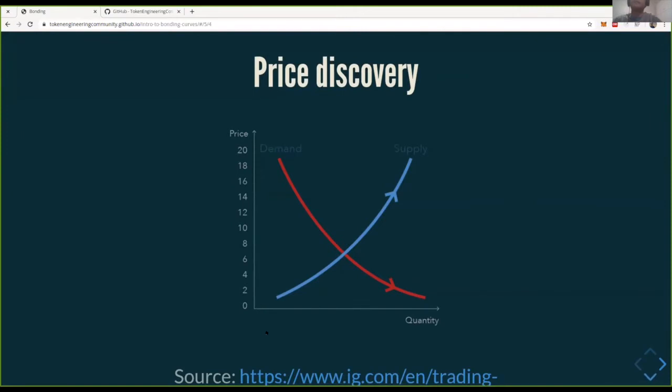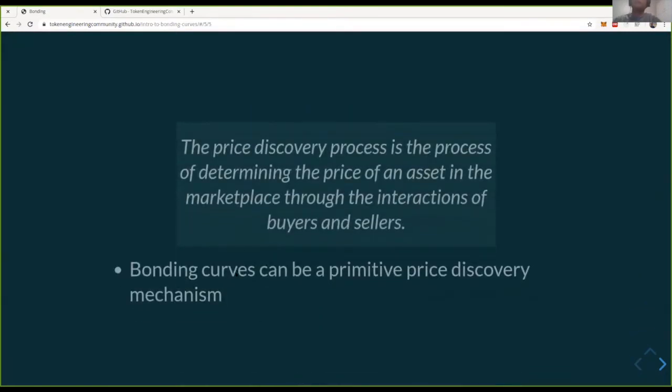And here is the concept called price discovery, which is microeconomics, the way demand and supply interact with each other and reach an equilibrium point for pricing of some sort of commodity. Bonding curves have been used and can be used as a primitive price discovery mechanism. I think this is probably most prominent in curation markets.